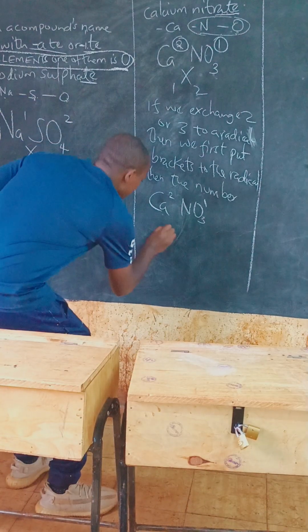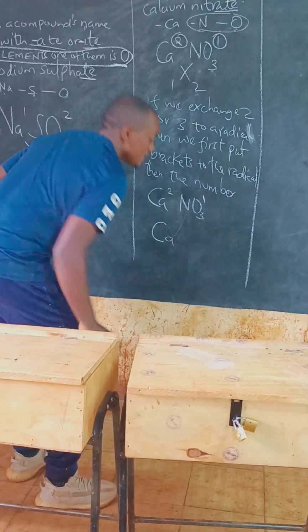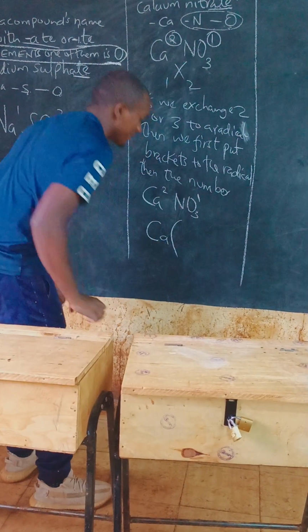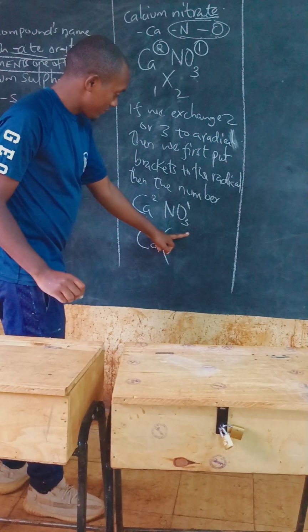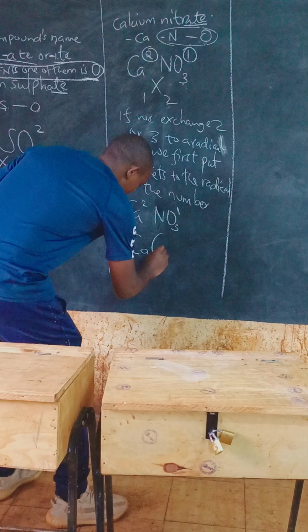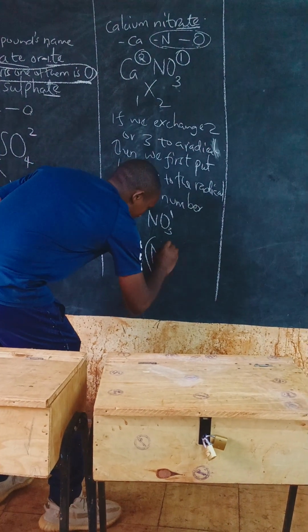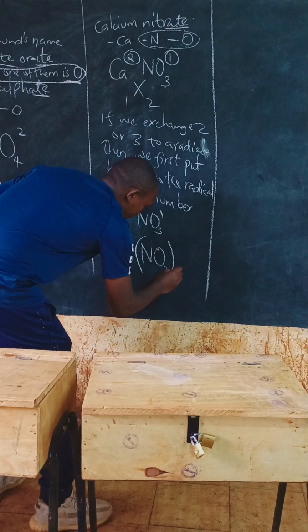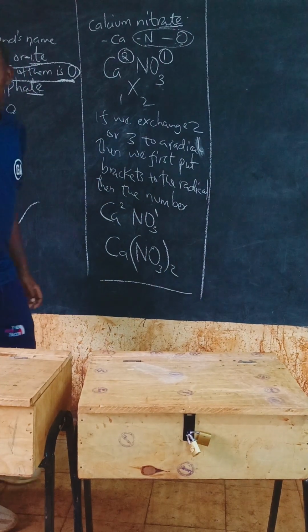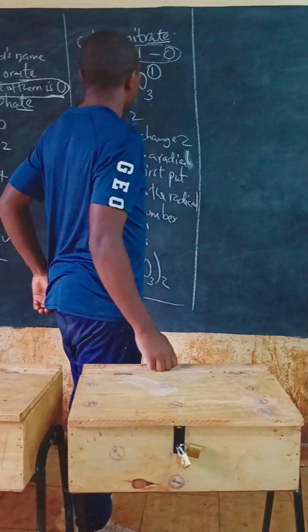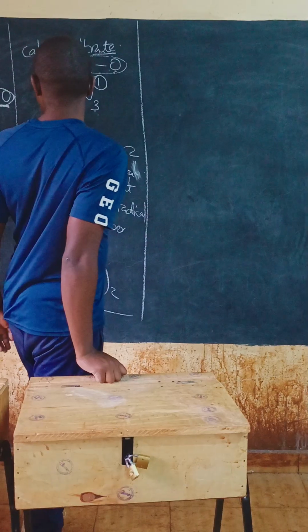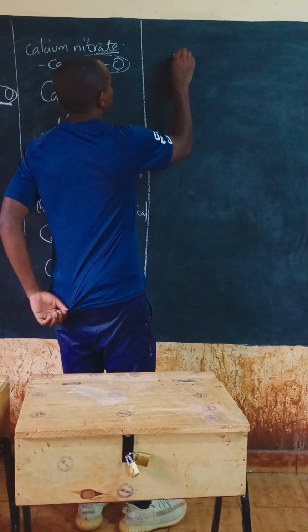Therefore, the formula of calcium nitrate is Ca, with NO3 in brackets because 2 was exchanged to the radical: Ca(NO3)2. That is calcium nitrate. And let's do another one. What can we do? Calcium carbonate.